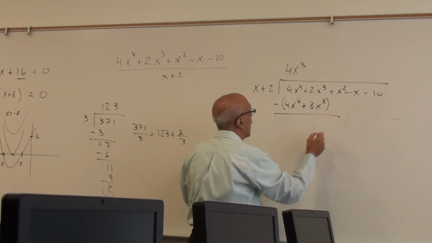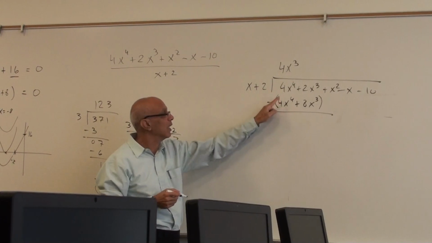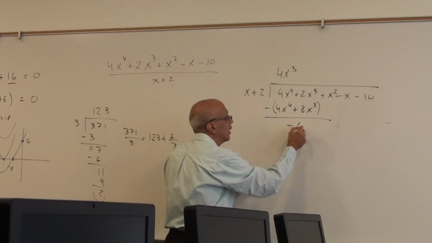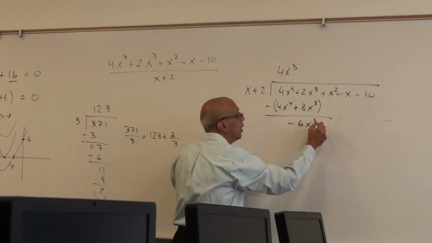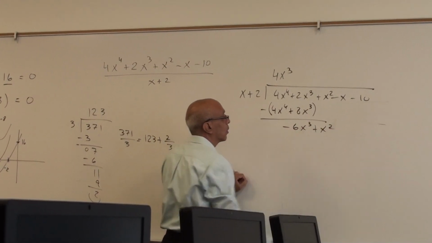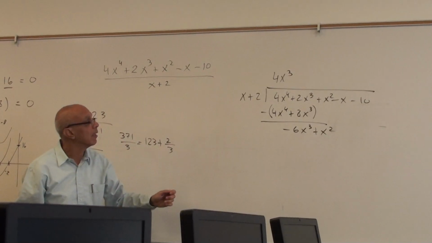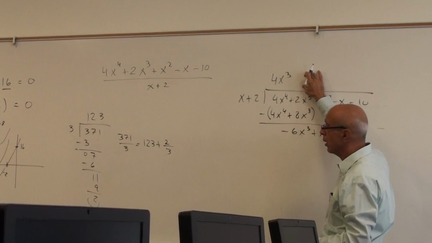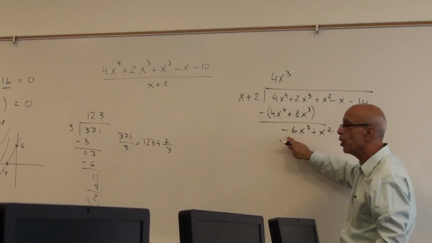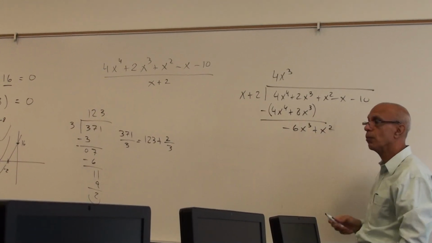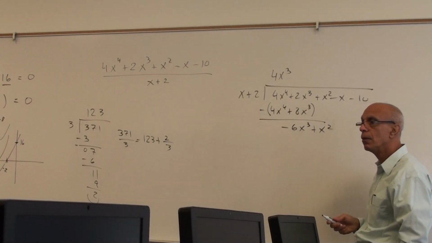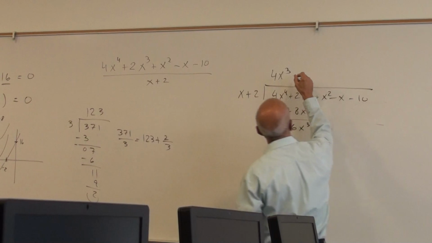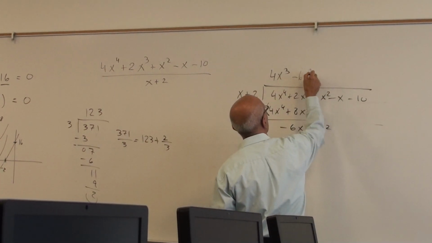So when I do that, this is going to become negative, it's going to cancel this term, and this negative with the positive there, I'm going to have 6x cubed. Then I bring the next term down, x squared. So now it's the same thing. What term should I add here that times x is going to give me 6x cubed? 6x squared.